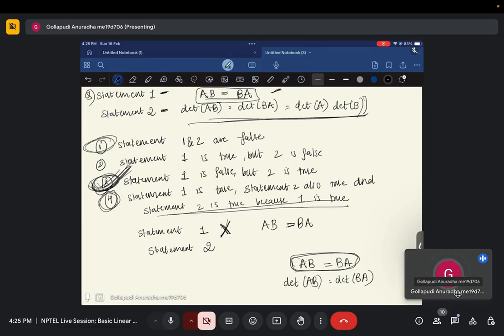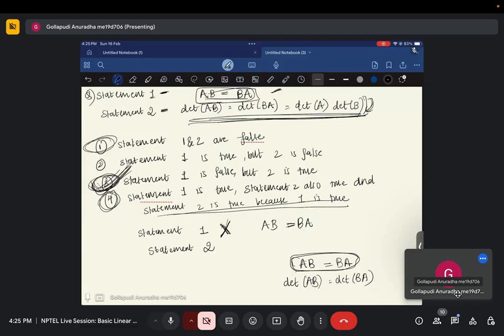Commutation is not a property of matrix multiplication. Property means it has to be true for everything. But there might be some special cases where AB is equal to BA. Am I clear?